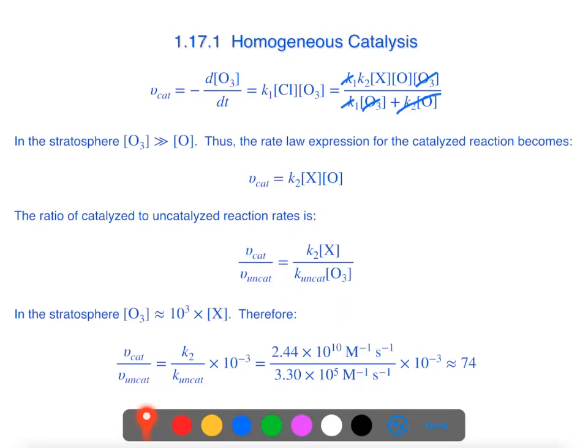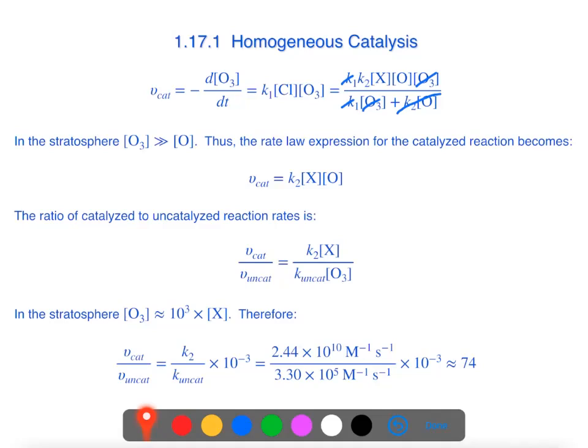Now, if we take a ratio of the catalyzed reaction versus the uncatalyzed reaction, we can cancel further. There's a further reduction where the concentration of atomic oxygen cancels out in both expressions, and we're left with the following quotient, where we have K2 times the concentration of the sum of the intermediates over K uncatalyzed times the ozone concentration.